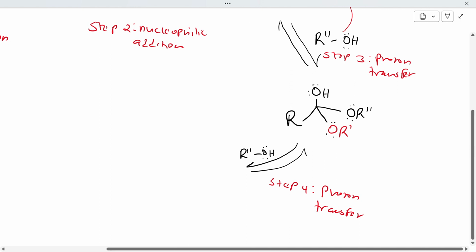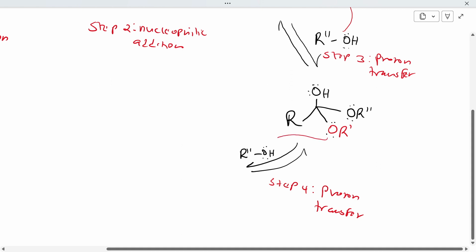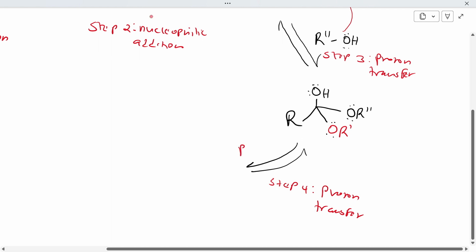So if I'm having that in solution, what is going to happen? The lone pair of electrons found here, these ones, but let me draw it correctly, the correct way, so that we can see what is happening. Let me bring the displayed form of it in a clear way. So now I'm going to have R double pi.